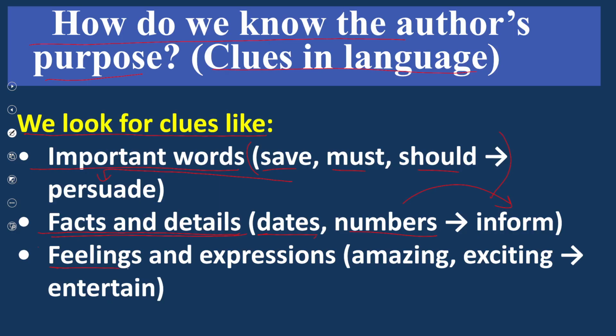And the third one is feelings and expressions. Definitely there are some words which show feelings and expressions: amazing, exciting, entertain. These clues from the language tell us the written material is about to entertain the reader.